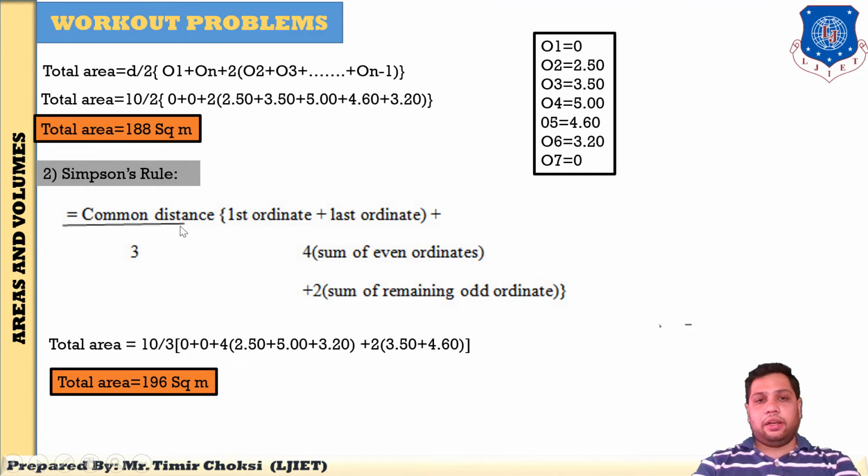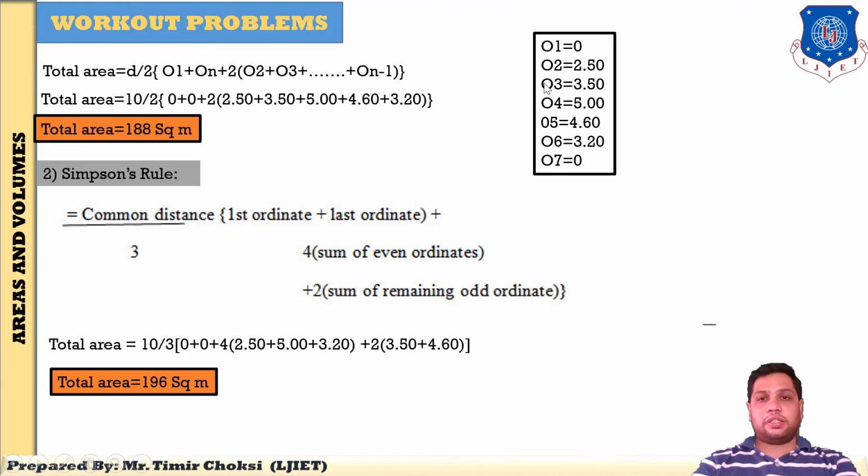Now similarly, you find the boundary area from the Simpson rule. So d by 3, first ordinate plus last ordinate. First ordinate is 0, last ordinate is 0, plus 4 in bracket sum of even ordinates. The even ones are O2, O4 and O6, so you take only O2, O4 and O6: 2.50 plus 5.0 plus 3.20, plus 2 in bracket sum of the remaining odd ordinates.